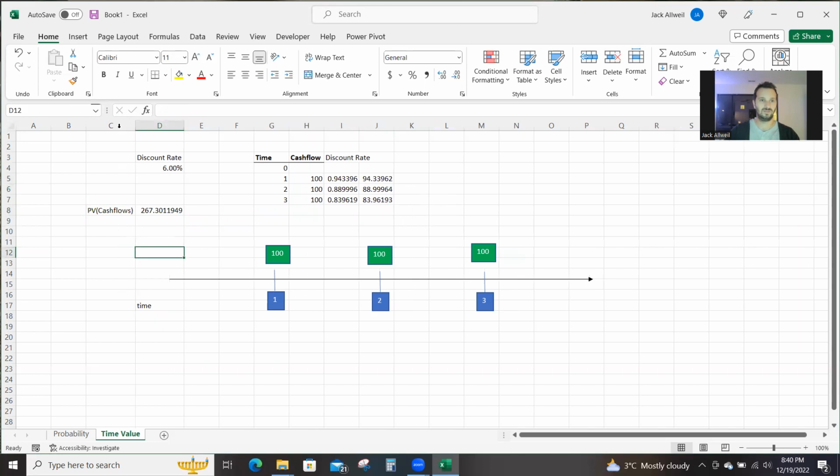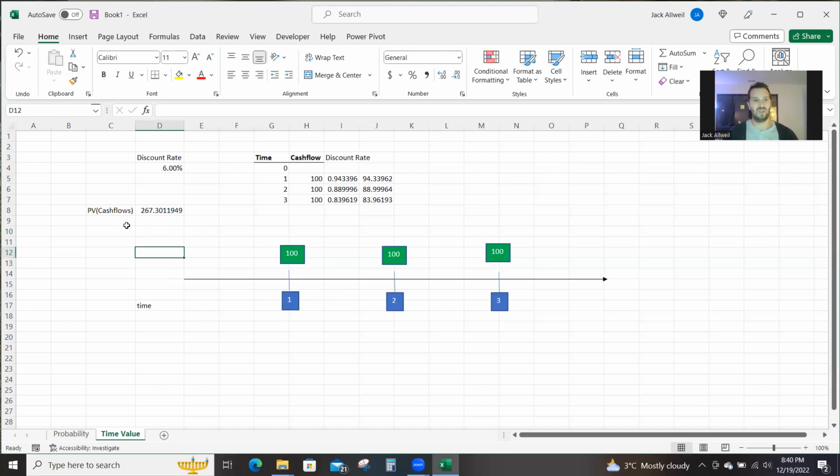Basically that's saying that if we put in 267, that's the equivalent of these three cash flows discounted at 6%. So that's what you would need.